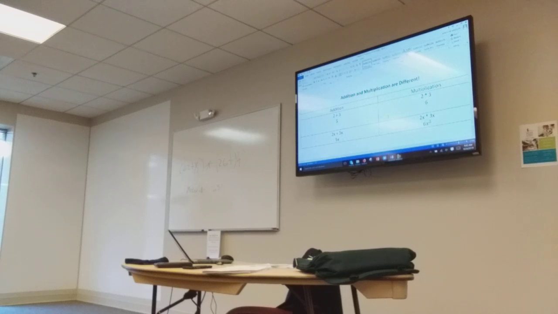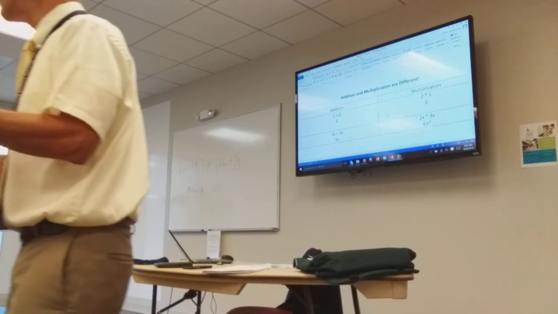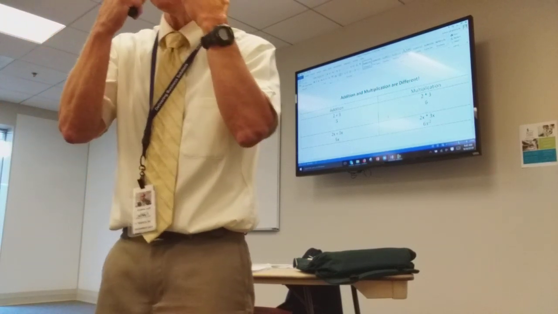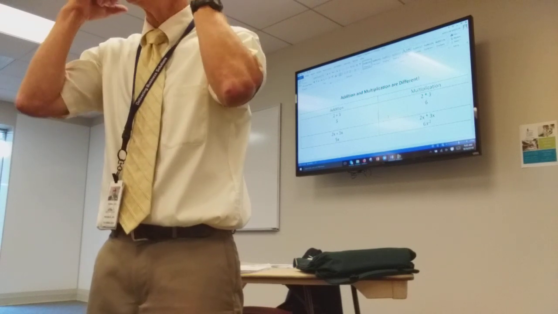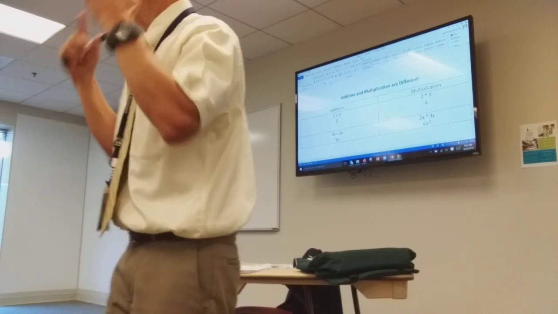How you add is different than how you multiply. If all you do is look at it, if you use half your brain instead of your whole brain, you'll get them wrong.